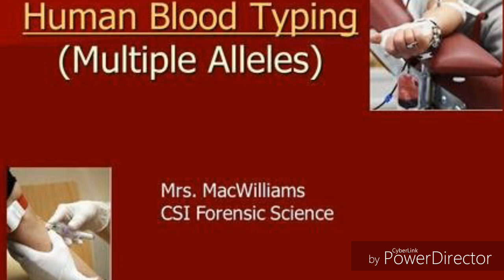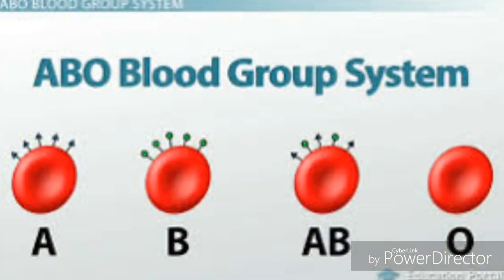Antigens are alleles. A blood types possess an allele. B antigens are present in B blood types, which is also an allele. O blood type does not possess any alleles. Again, alleles are antigens.